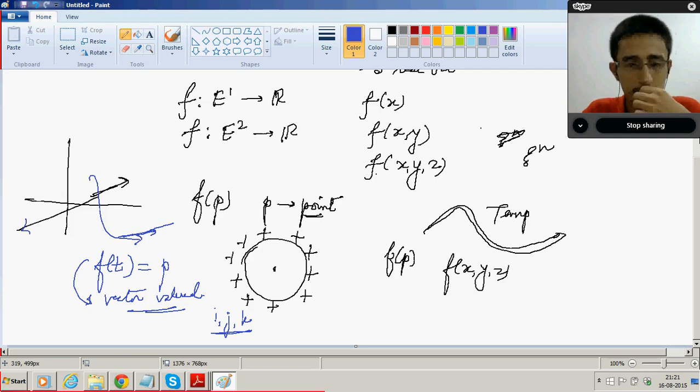Correct. So that as an engineer might appeal to you. Why study vector valued functions? Now when we talk of vector valued functions, it is not just from the viewpoint of physics. Vector as used in vector space. You are learning linear algebra.